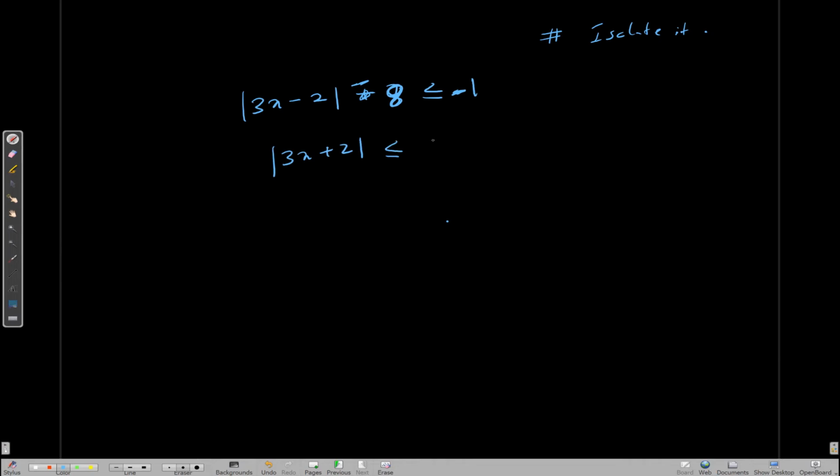Then you get this, right? Now after this, this is the important part. The expression inside the absolute value bars, just write it without absolute value, then the inequality sign as it appears in your equation, put it on left and right. And then the number: positive part in the right place, negative part in the left place. It will work.